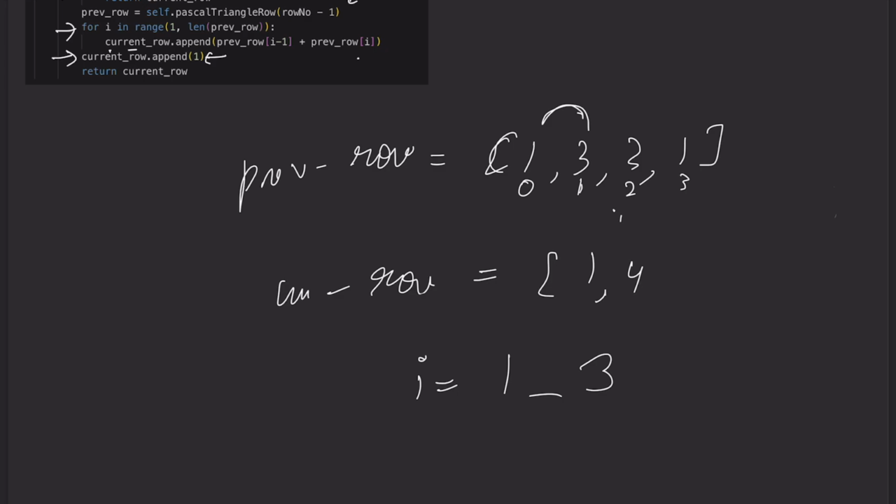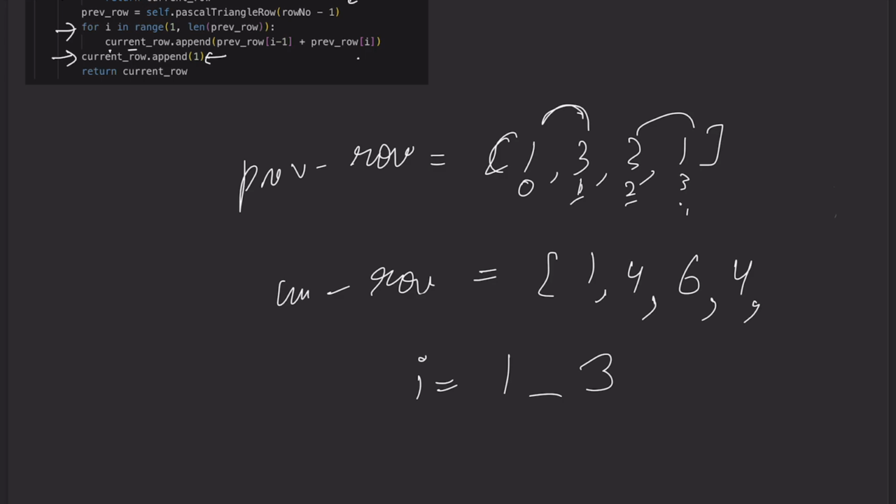So I is 2 and we add the element at first index and second index, I minus 1 and I. So it becomes 6. Then I is 3. We add the element at second index and third index, so it becomes 4.